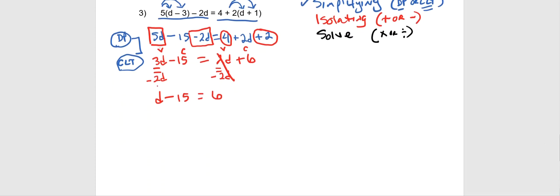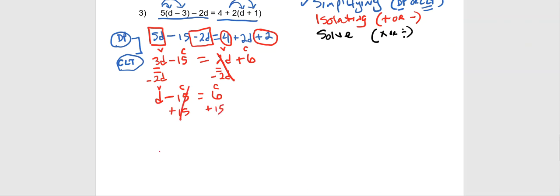Well, I've started the process of getting isolated, but now I still have a variable and constant on the left. But we're heading in the right direction because I have only a constant on the right. So what we can do from here is to move this constant over to the other side. Well, take a look. It says d minus 15. What's the opposite of subtracting 15? We'll add 15 to both sides.